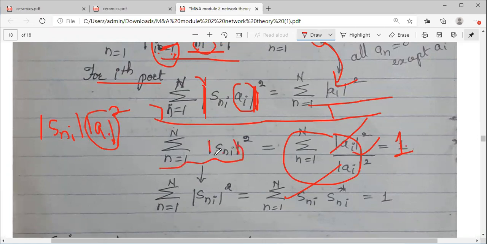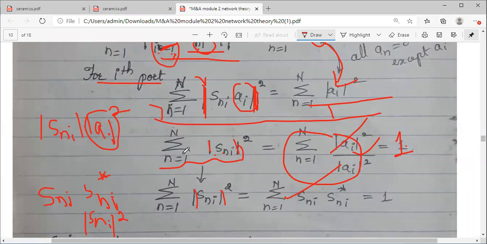So what do we mean by this magnitude? If you take S_ni and S_ni and multiply these two, you will get S_ni square. But there is a magnitude, so magnitude indicates I have a conjugate. Why am I considering this magnitude?